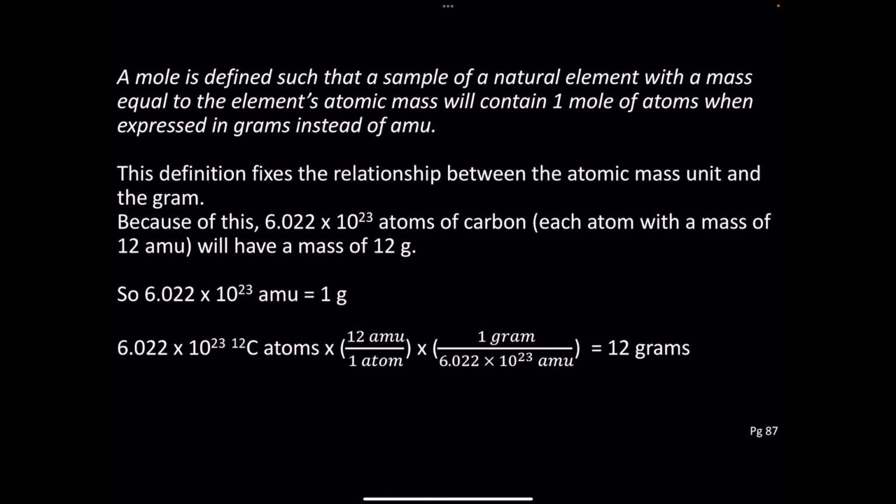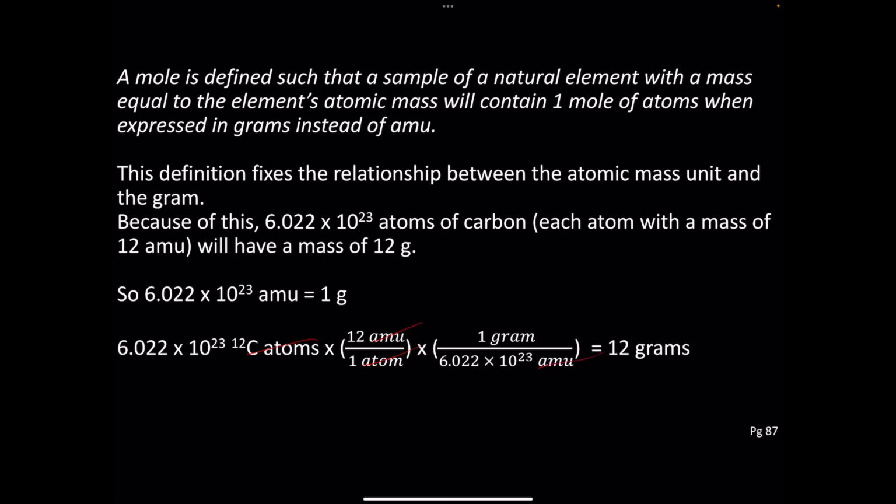If we then use some unit conversions to go from carbon atoms to atomic mass units to grams, I have 6.022 times 10 to the 23rd carbon atoms. These cancel right here. I have 1 atom with 12 atomic mass units, because that's the atomic mass of carbon-12.